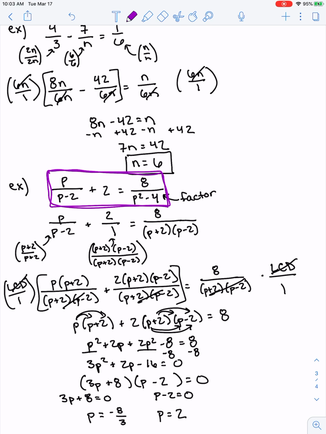So, you guessed it, we're going to need to check our solutions to see if any are extraneous.